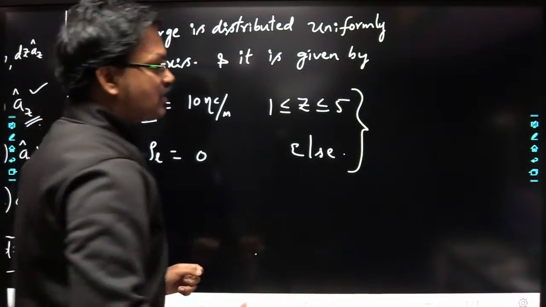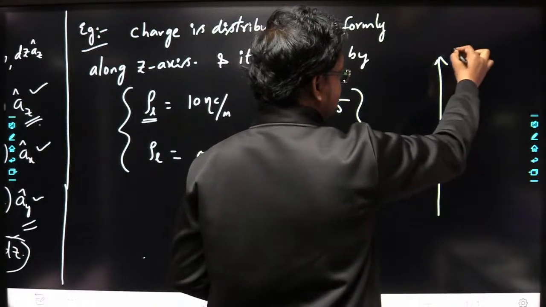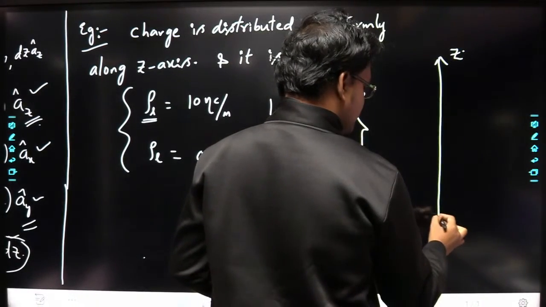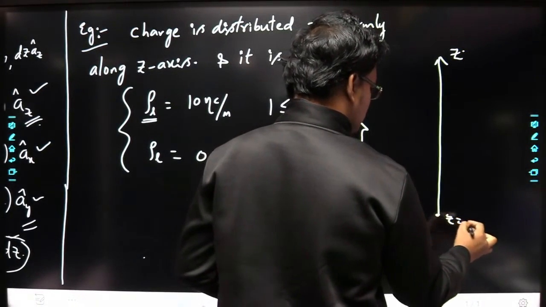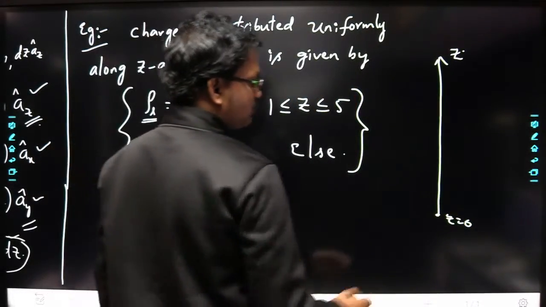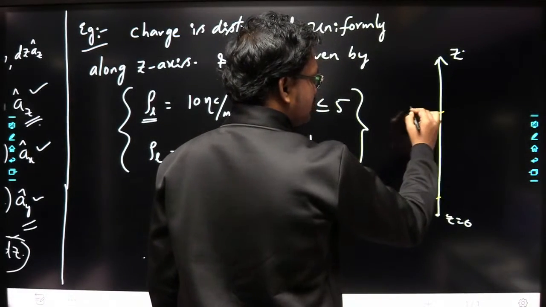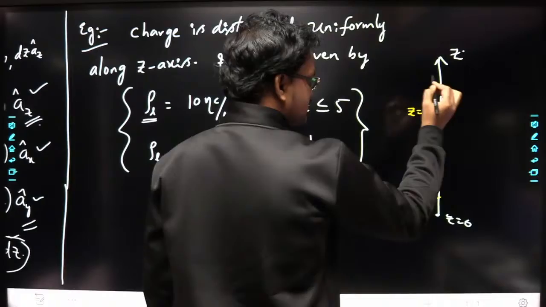So here you are having the z-axis. Let us say this is z equal to 0. Now consider this point is z equal to 1, and here this is z equal to 5.